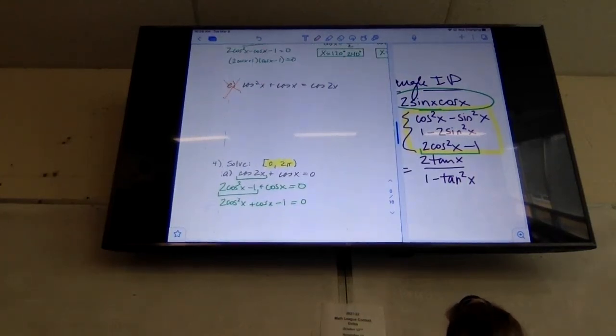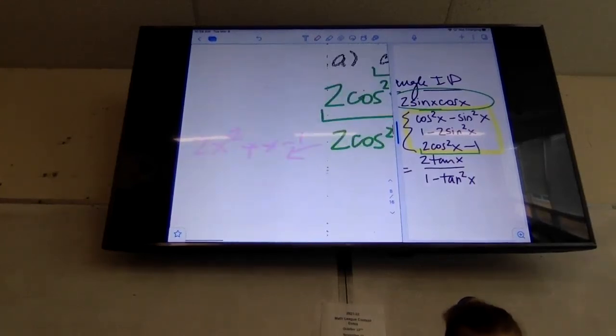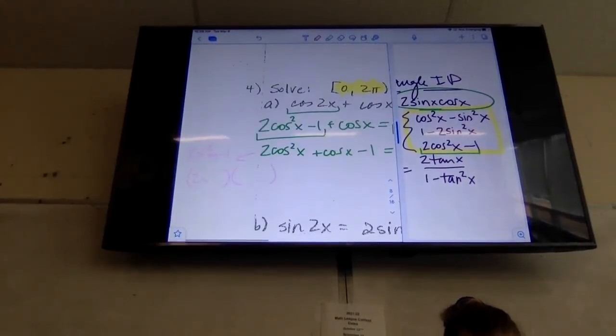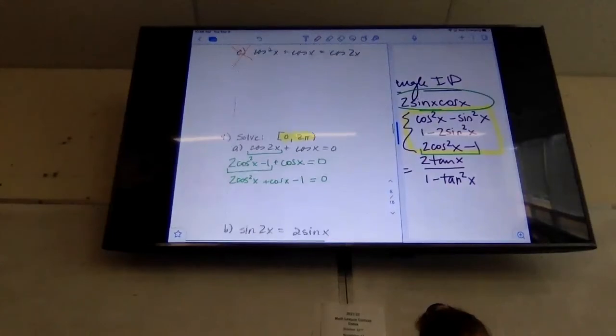If you look above, this is almost identical factoring, but instead of having 2x squared minus x, it's going to be 2x squared plus x, but still minus 1. 2x squared plus x minus 1. I can factor that. So it'll be 2x and x, still going to be 1 and 1, but this time my plus needs to be back there and my minus needs to be up here.